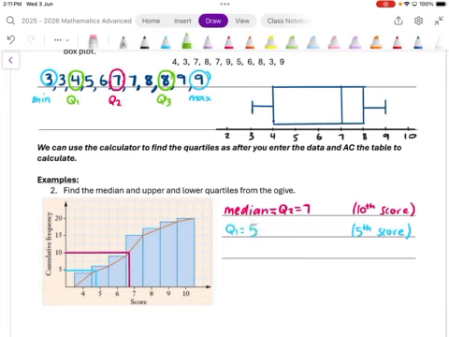Then our Q3 is our 15th score, because we're breaking this up into quarters. When we go across at 15, it is directly between 7 and 8, so it's at 7.5. That's the only time we'll get it in between them.